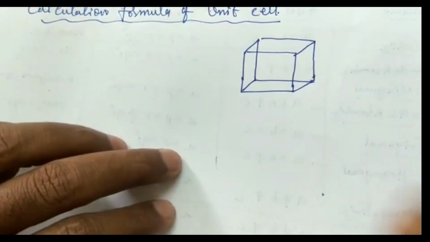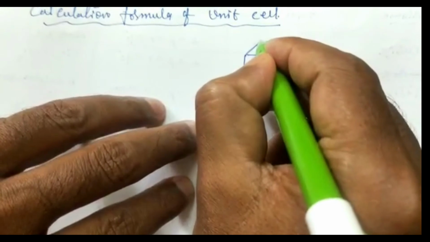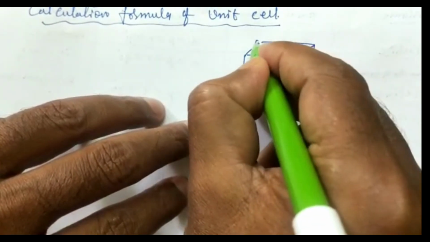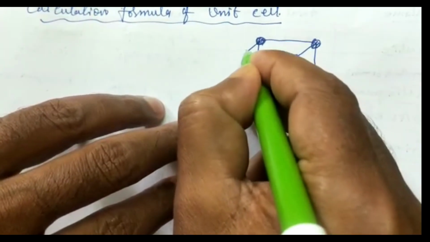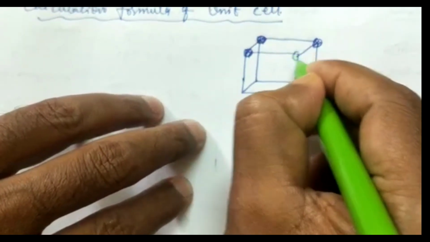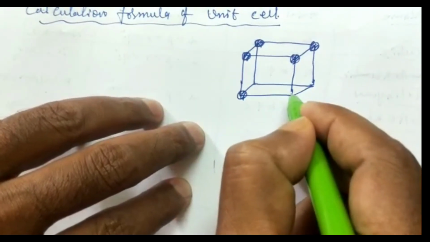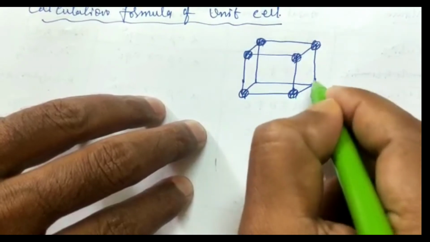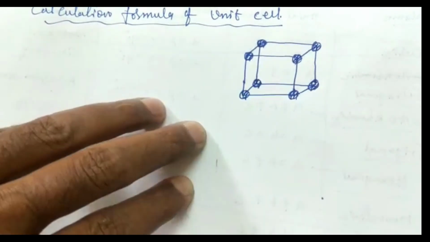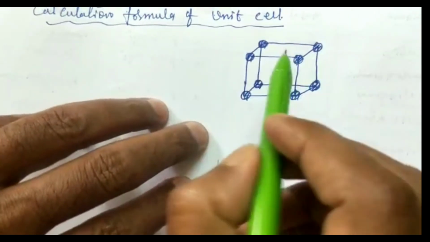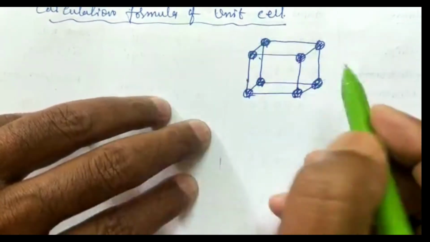This is a simple cubic unit cell and it has 8 corners. These are the corners. How many corners are there? 1, 2, 3, 4, 5, 6, 7, 8 corners.